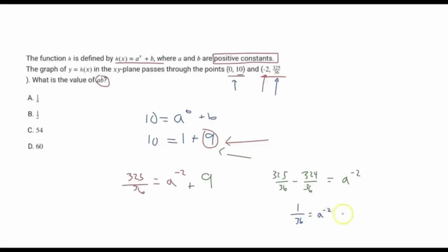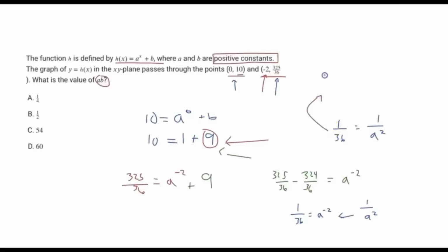So a to the -2, that is the same thing as 1 over a to the power of 2. And so because we have 1 over 36 equals 1 over a to the power of 2, what we can do here is just disregard everything on top because we can take the reciprocal of both sides.